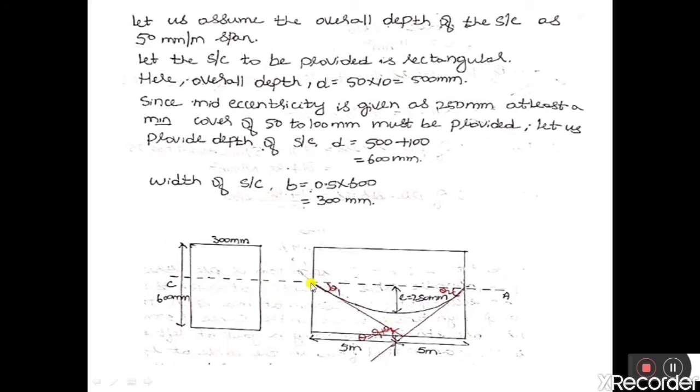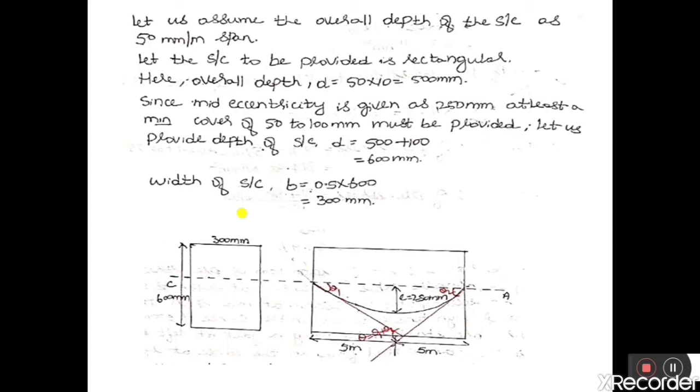We don't know what is the initial pre-stressing force applied at this left end, but we know that the initial pre-stressing force at this end is 250 kilonewton, and we know that the initial pre-stressing force at jacking end will be more than this end. That is, the initial pre-stressing force at left end will be more than right end, because here the force is applied and there is no loss of force due to friction.